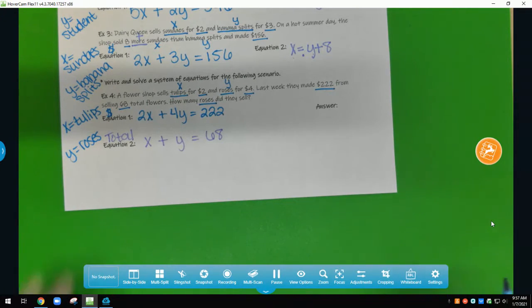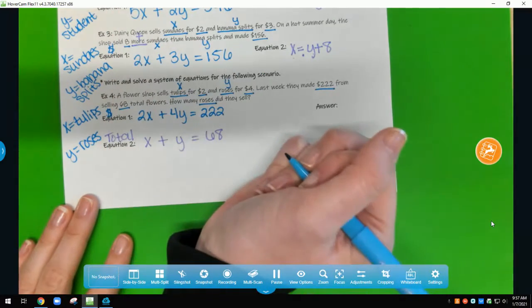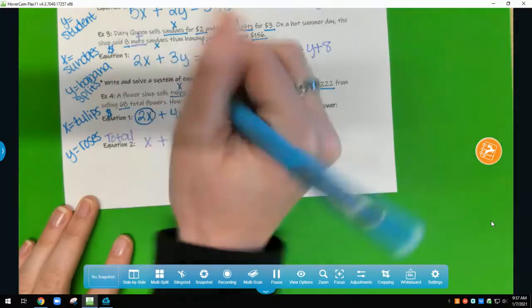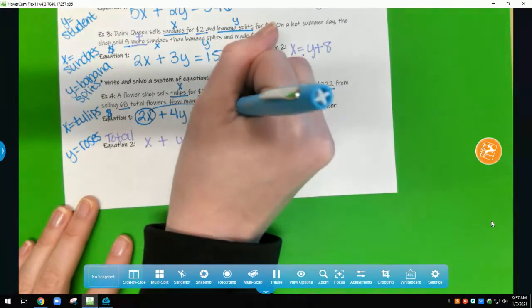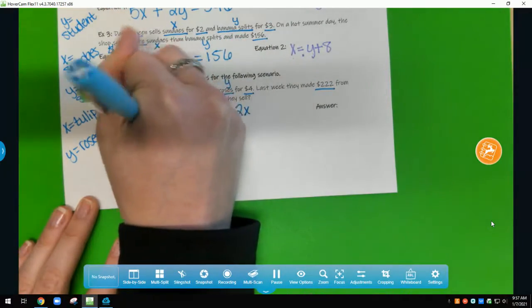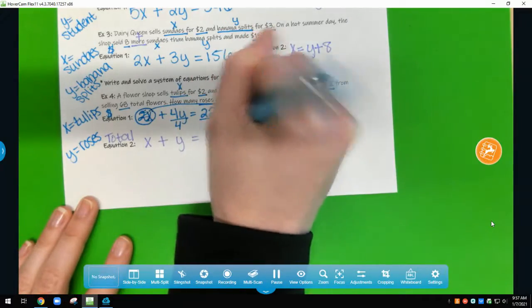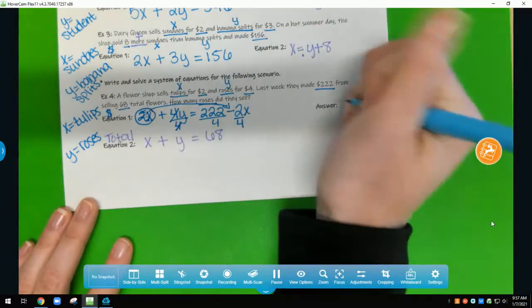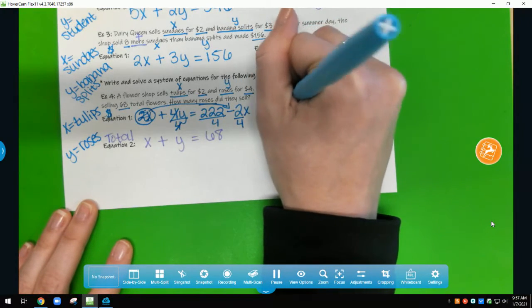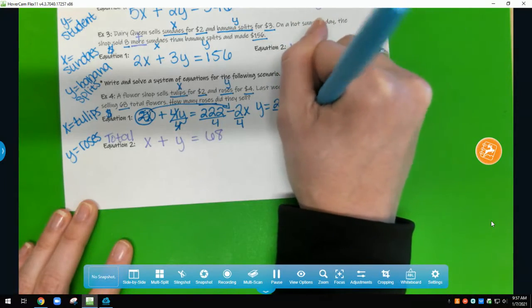Remember last week we talked about graphing to solve. So we need to solve both of these and put them in slope-intercept form. I'm going to move the x, change the sign, and divide by the number in front of y. For that one, I end up with y equals 222 over 4 minus 2x over 4.